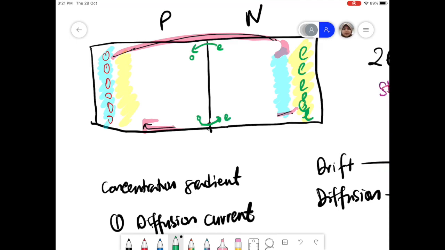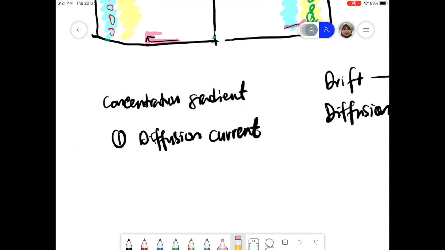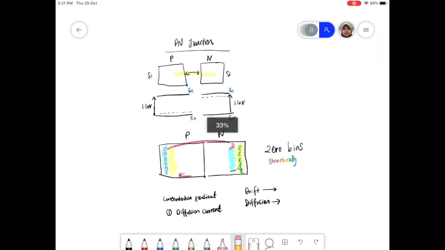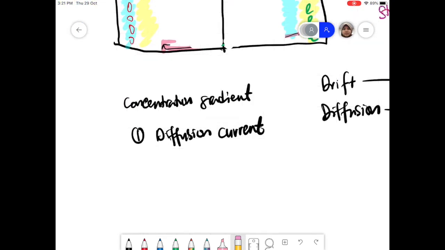So what happens when free electrons meet free holes? Last time we discussed, it means that we have recombination. When free carriers meet each other, you have recombination. So recombination will occur.